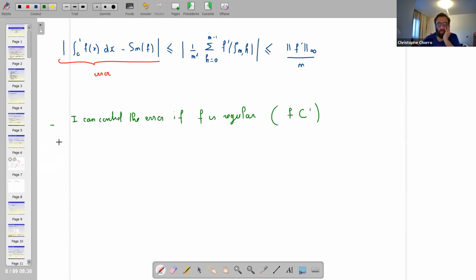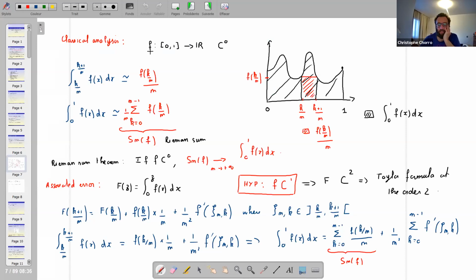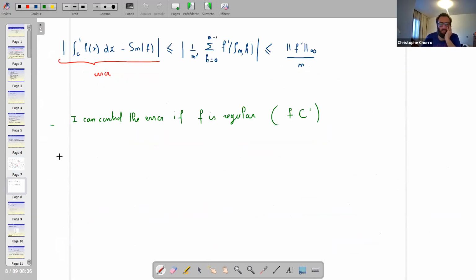Second remark, suppose that my mapping is not from [0,1] into R, but from [0,1] to the power d into R. So suppose that you increase the dimension of the problem.